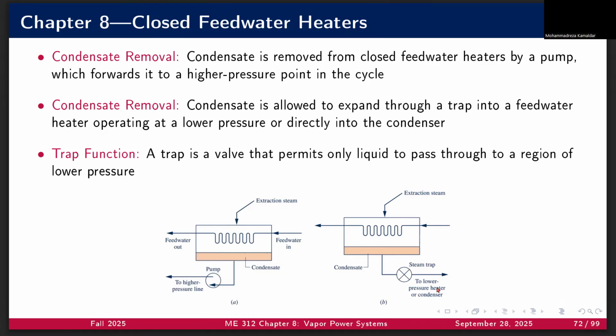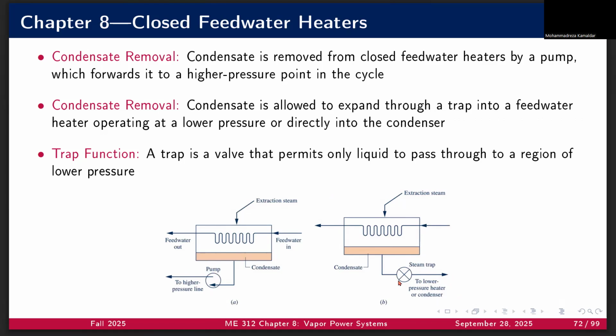So in power plant design, the choice between these two methods, pump forwarding or trap draining, is based on a complex economic analysis that balances the cost of the extra pump that we need here and its power consumption against the thermodynamic losses associated with the irreversible throttling process of the trap.